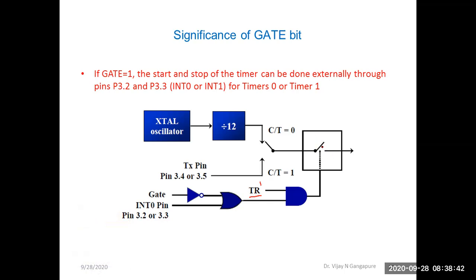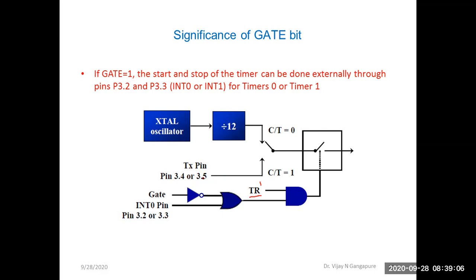These pulses come either internally from the oscillator frequency, that is F oscillator divided by 12, or, if we use the timer in counter mode, we count pulses from outside the 8051 via pin 3.4, the T0 pin for timer 0.